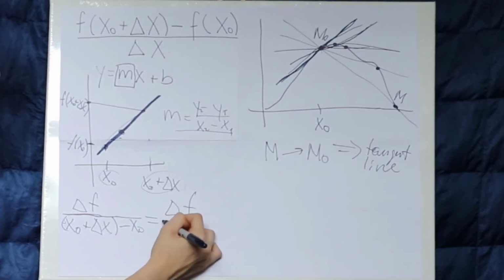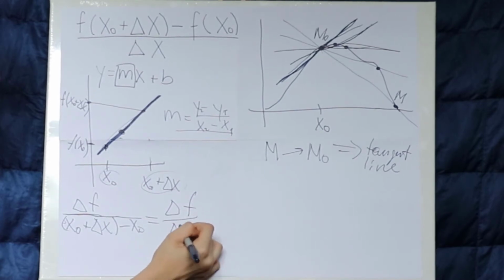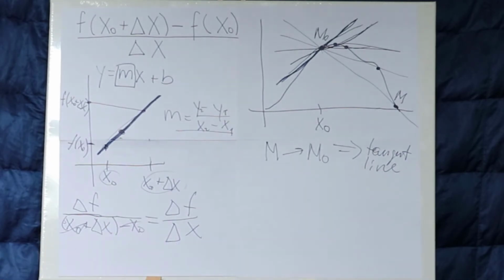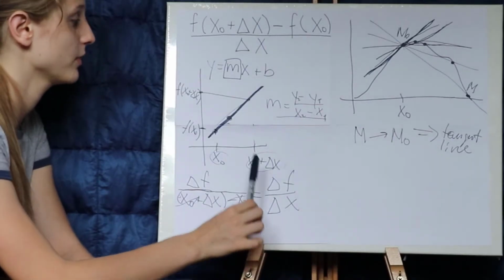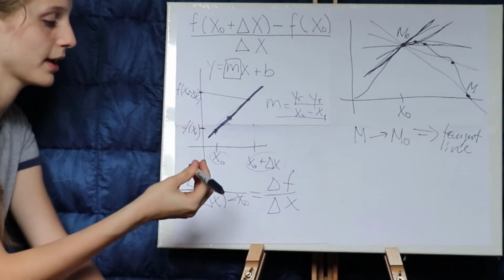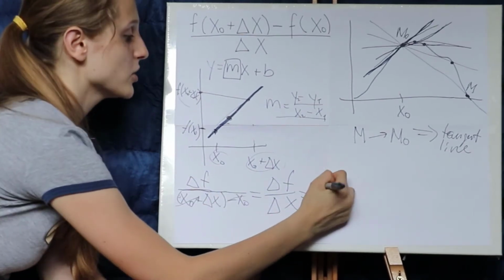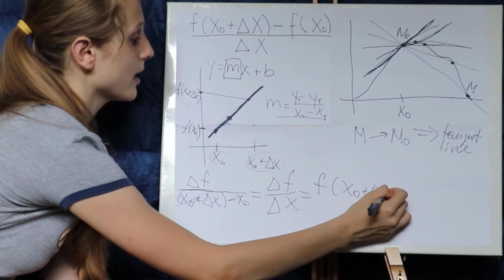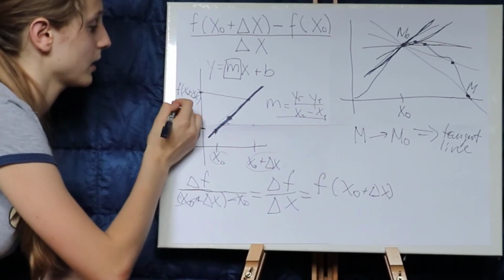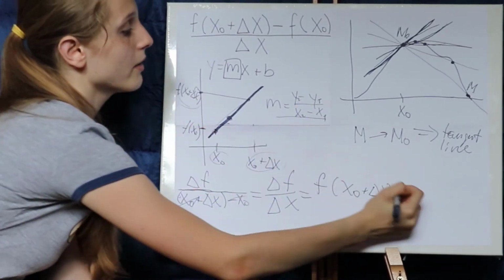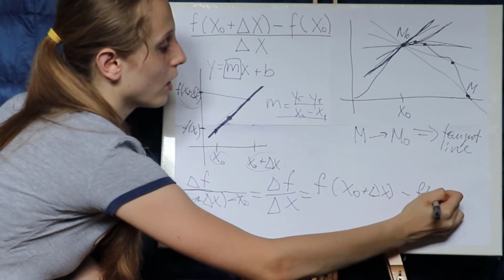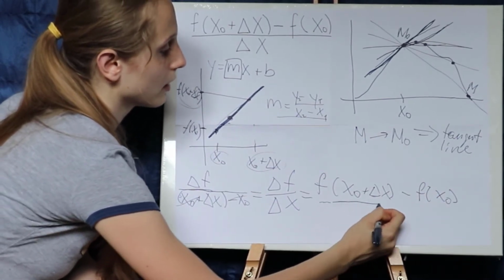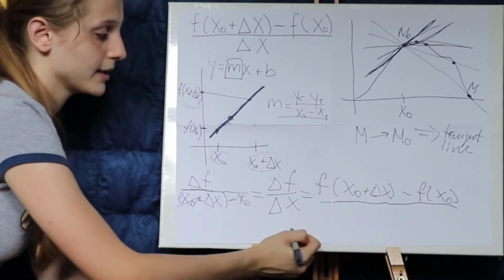Guess what we get? Change in f over change in x, because these cancel out, and this is what we're left with. And we know that change in f is really the difference between these two, and how do we write difference? We can just write f of x sub 0 plus delta x, this number, minus f of x sub 0, all divided by delta x.